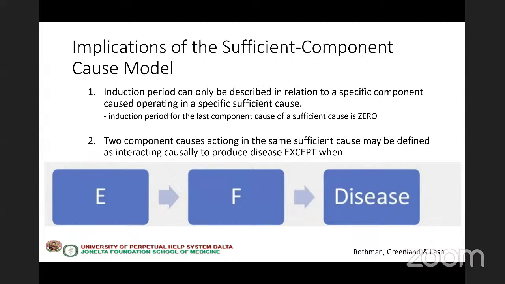So the induction period for the last component cause of a sufficient cause is 0.